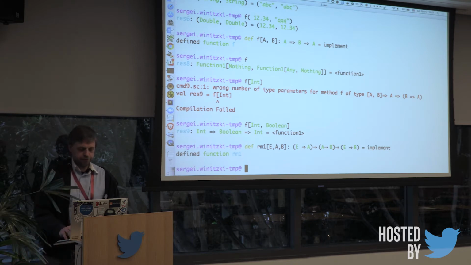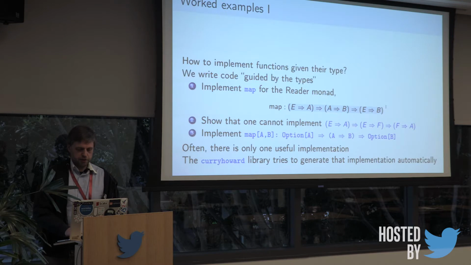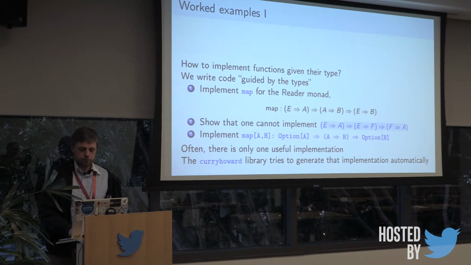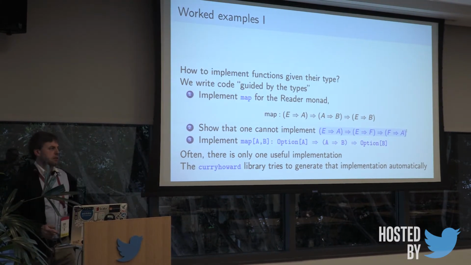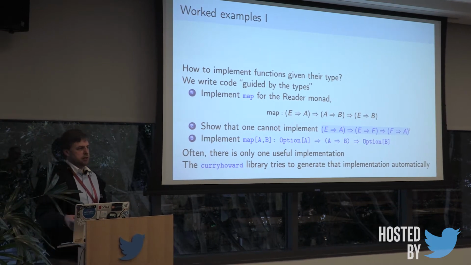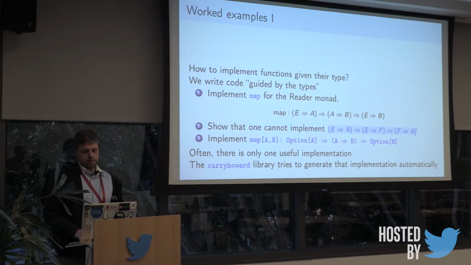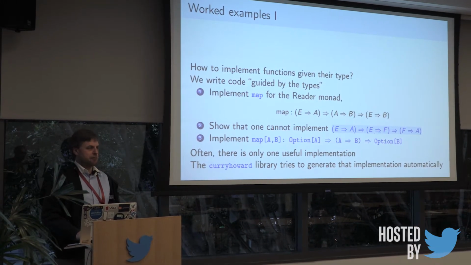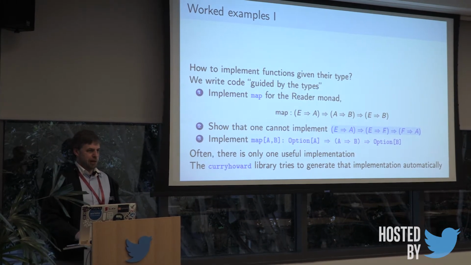But if I try to define a function that has a type signature that cannot be implemented, such as this one, and this cannot be implemented because basically I screwed up with types, and I thought I was defining map for the reader monad, but I used the wrong type parameter.